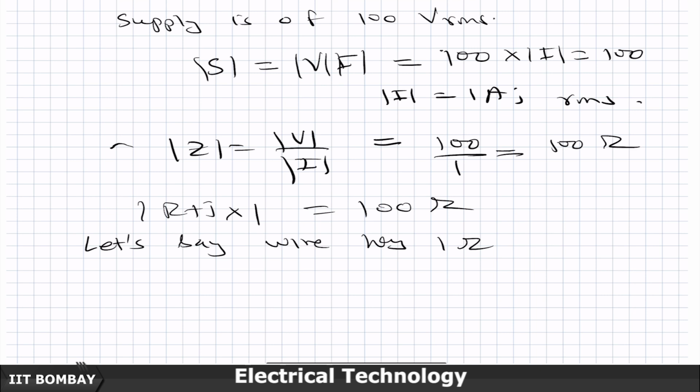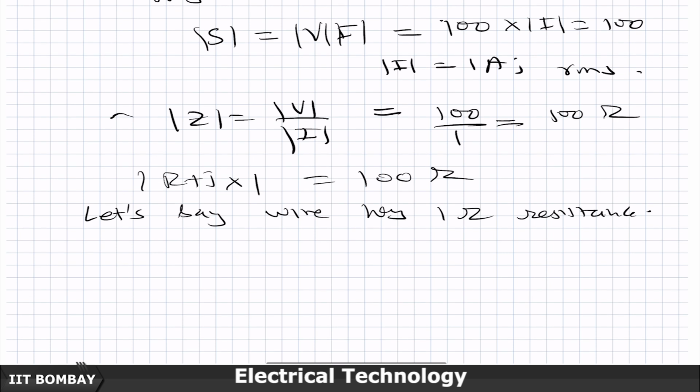So, 1% of my load value, one wire has 1 ohm resistance. Now this is approximate power loss. You can make your exact calculations, no problem. I am just trying to illustrate to you a small point.